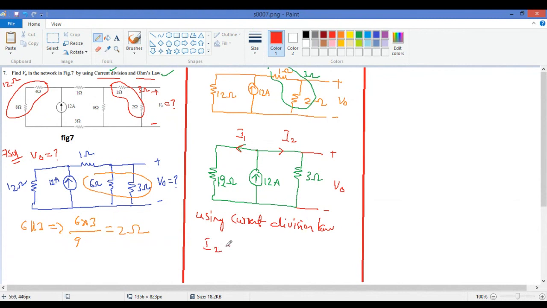I2 is equal to total current, which is 12, multiplied by the opposite resistance 12 divided by the sum of them, 12 plus 3. So this is 12 into 12 by 15.